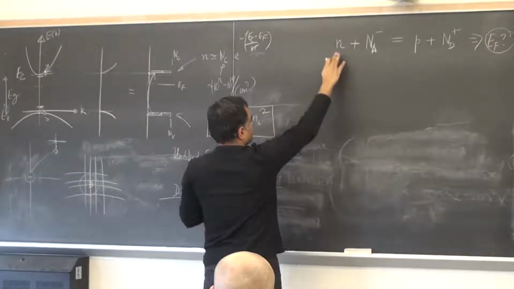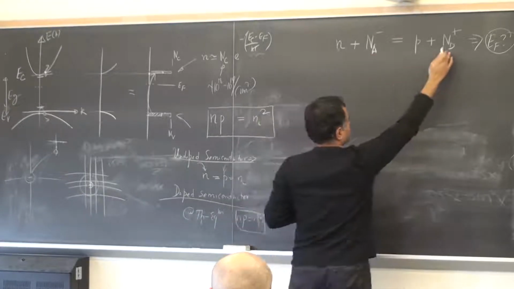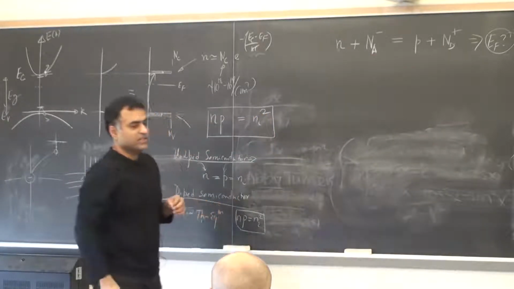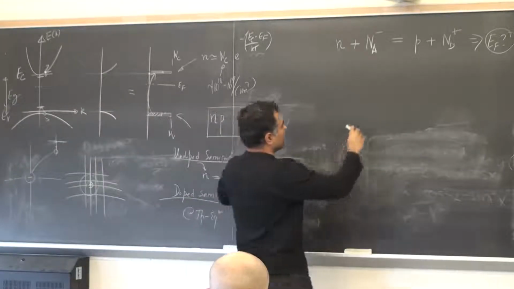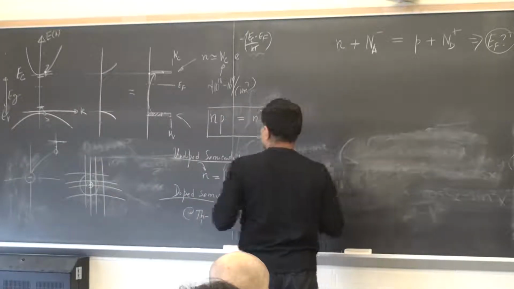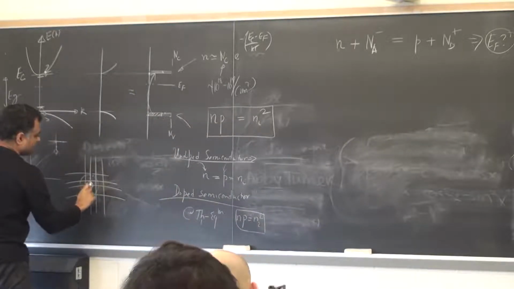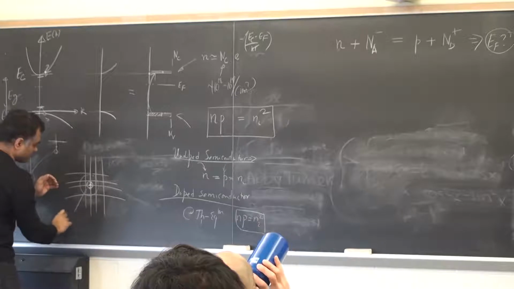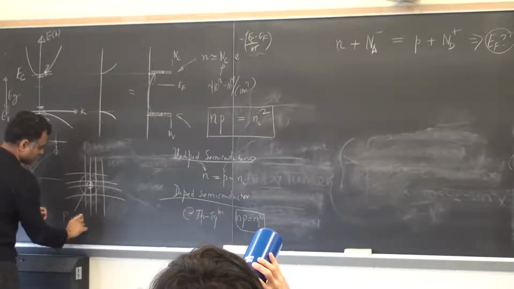And then from here, this depends on the Fermi level. The way the donor and acceptor densities depend on the Fermi level, there's a slight wrinkle to this. Ordinarily I would say that if I have a donor state, which is a positive charge, let's say the donor is phosphorus in a silicon crystal.